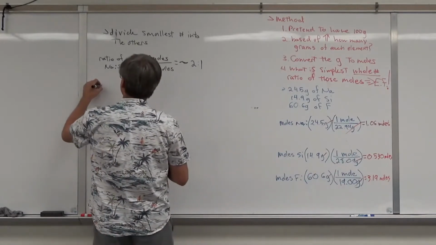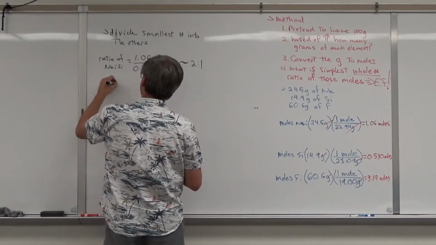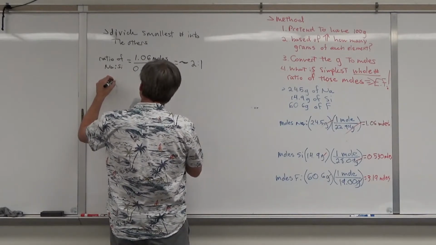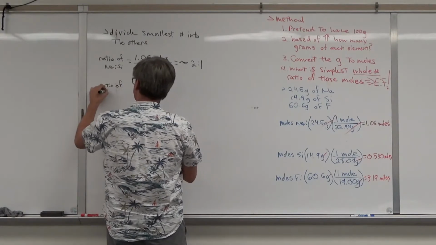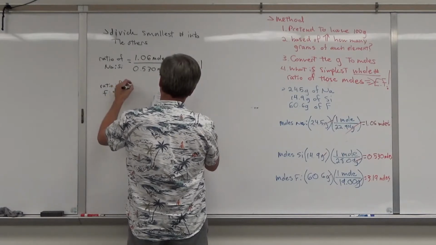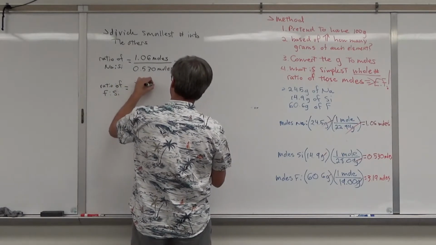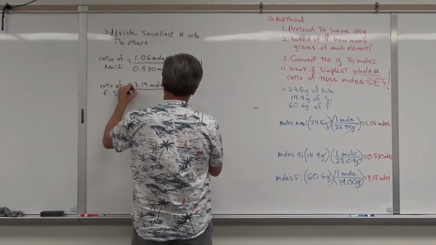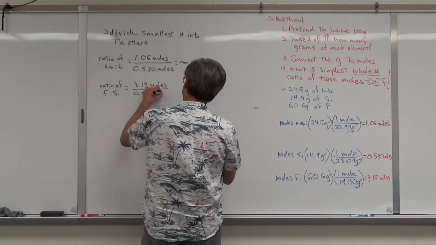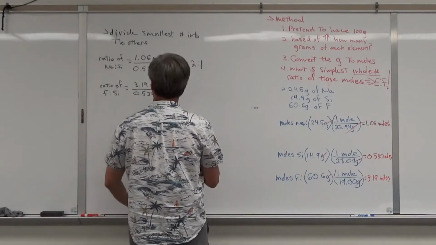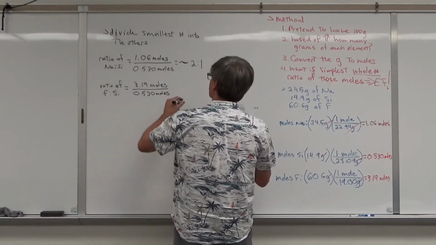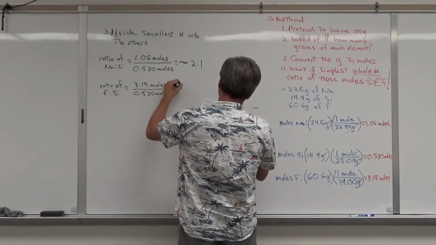And then the ratio of fluorine to silicon, and that is 3.19 moles by 5.30 moles, and that is roughly about 6 to 1.